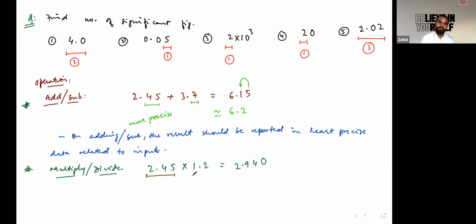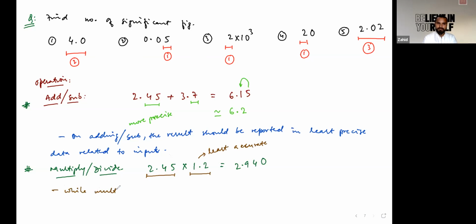In this part, we have a total of 3 significant figures. In this part, we have a total of 2 significant figures. The more the total number of digits, the more its accuracy. So you'll say this is the least accurate data of input. According to the rule, while multiplication or division, the result should be reported in the least accurate data related to input.